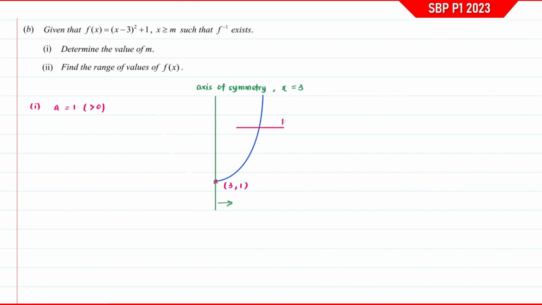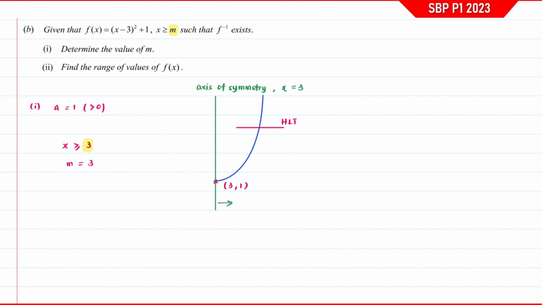So if we perform the horizontal line test on the quadratic graph right now, it will only cut the graph at 1 point. Then the inverse of f will exist. So here the domain will be x is greater than or equal to 3. So if we do comparison, then the value of m is equal to 3.